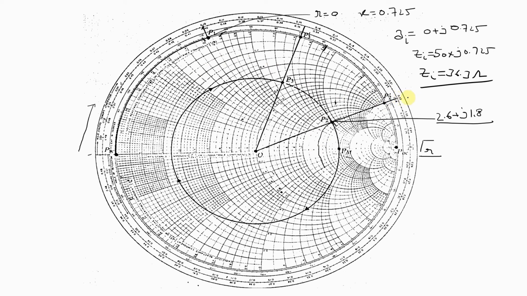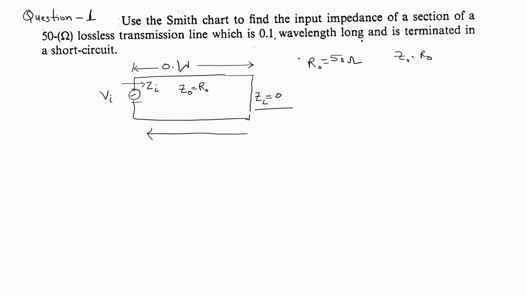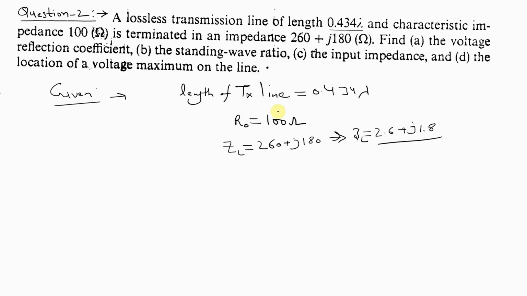So mark the wavelength. Here you can see the wavelength is 0.22 lambda. So how much distance do we have to travel? To find the input impedance, we have to travel this 0.434 lambda.